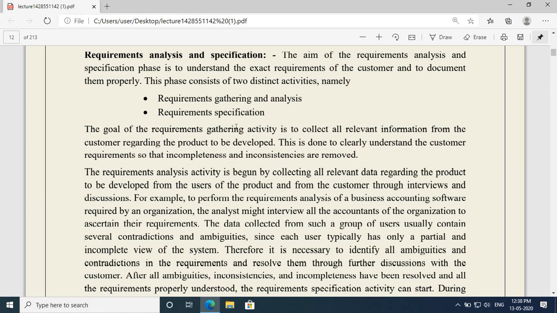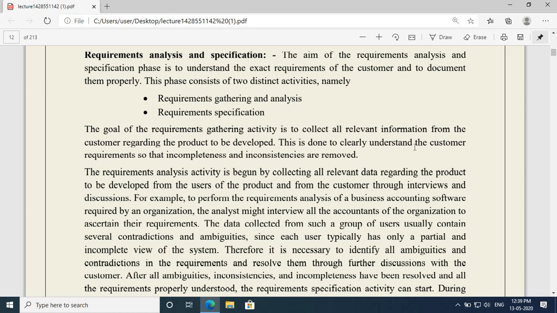The goal of requirement gathering activity is to collect all relevant information from the customer regarding the product to be developed. The software team must go to the client side, and from the client side they collect all the relevant information. This is done to clearly understand the customer requirement.